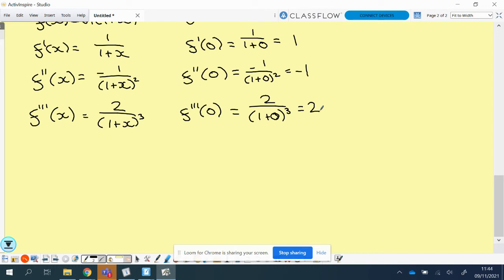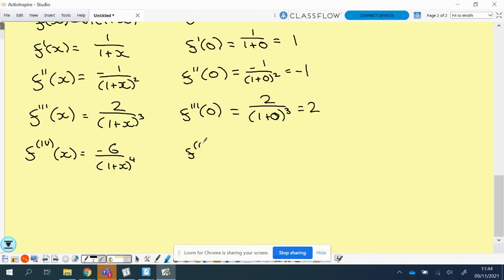And you can see there's maybe a pattern going to emerge regarding everything we differentiate and what the value is when you substitute the 0 into it. So the fourth derivative, just to show you that one. Bring up the power as a negative 3. Negative 3 comes down times the 2, so it's negative 6 over 1 plus x to the power 4.